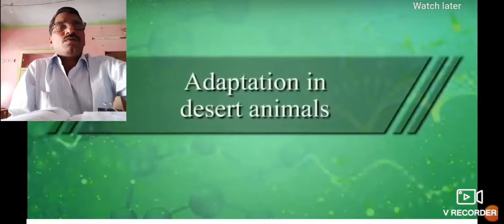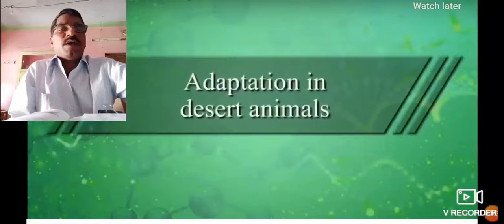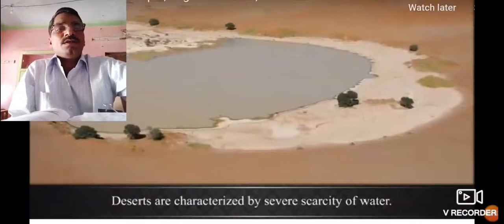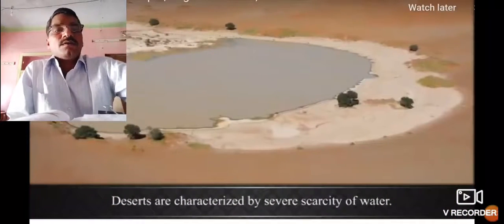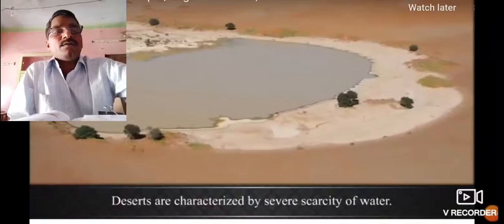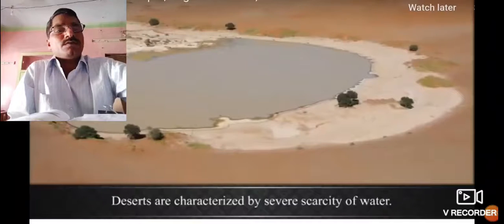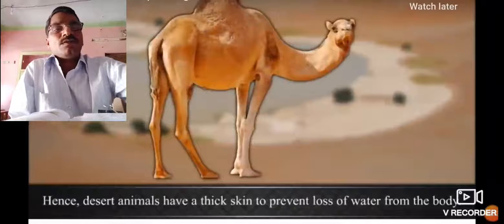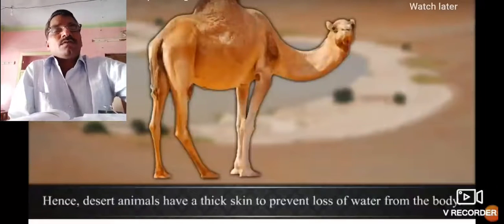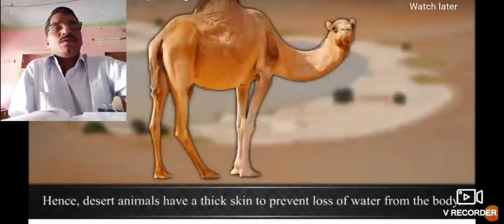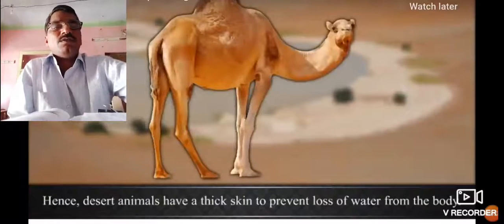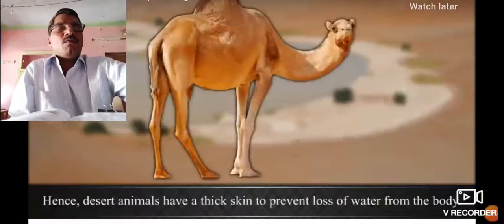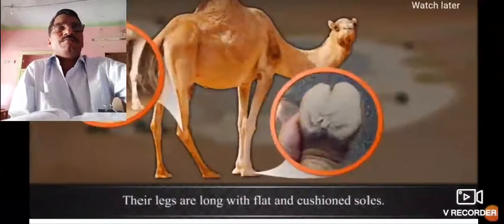Next point, dear students: adaptation in desert animals. Deserts are characterized by scarcity of water. Hence, desert animals, now, dear students, the camel, have thick skin to prevent loss of water from the body.